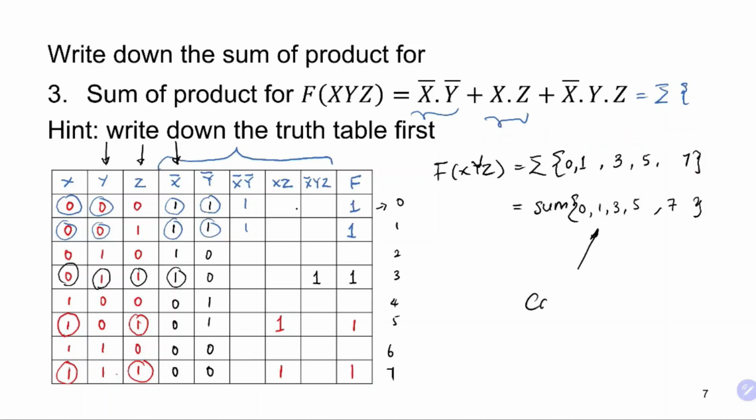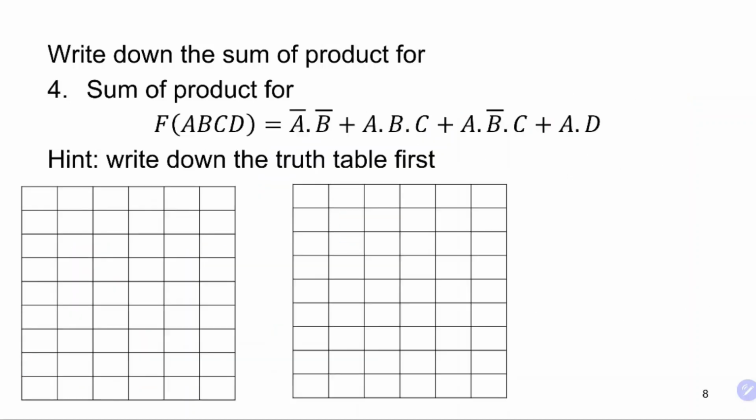So this can also be called standard form, sum of products. This is 3 variables, and now 4 variables.